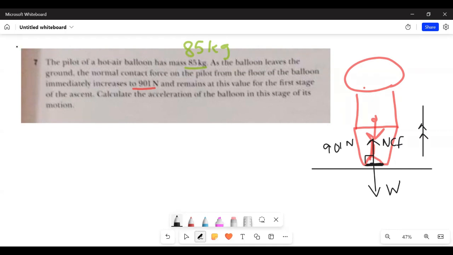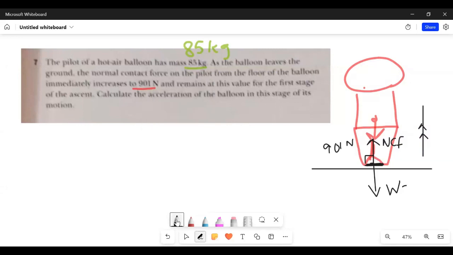So the upward force is the normal contact force. What should be the downward force? The weight, in the downwards direction.